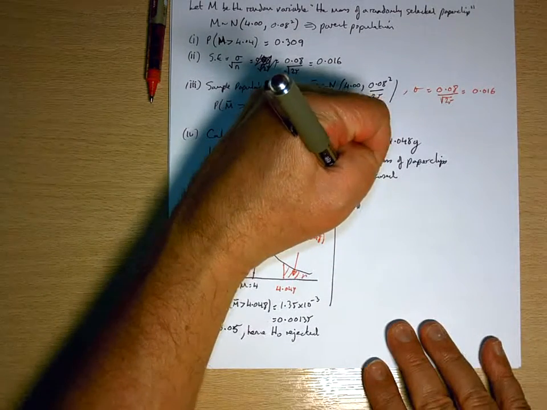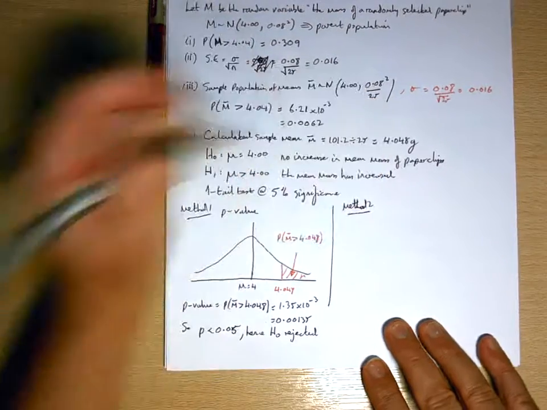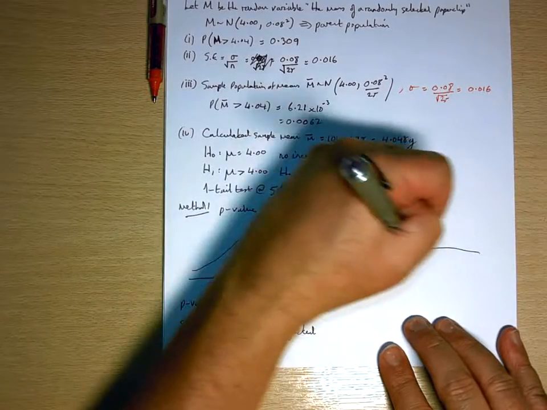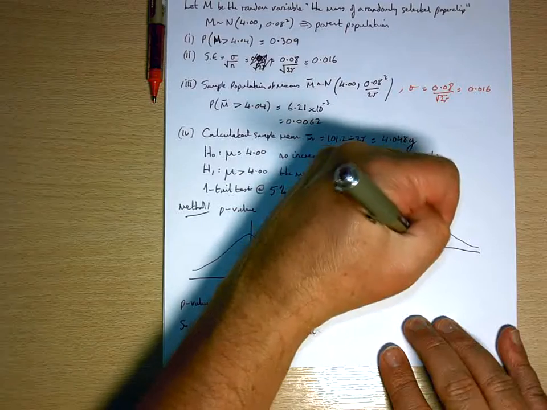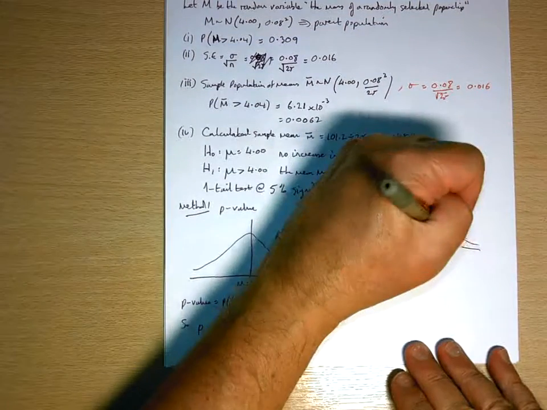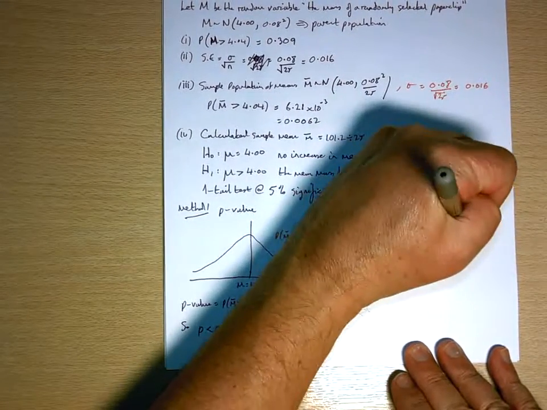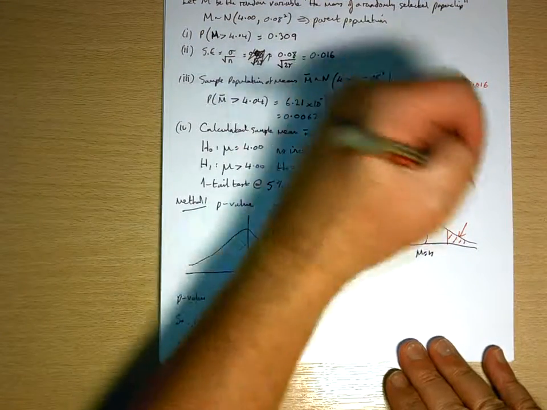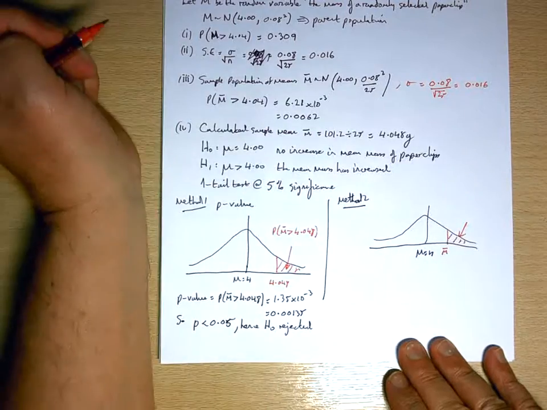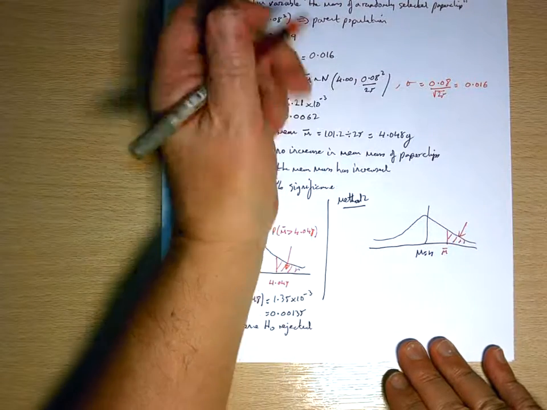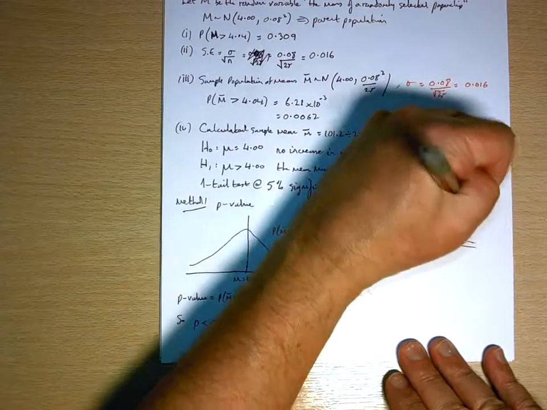If I went method 2, then I'm interested in finding out what value of M reduces a region of 5%.